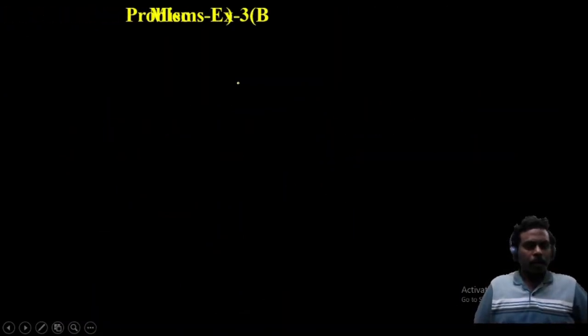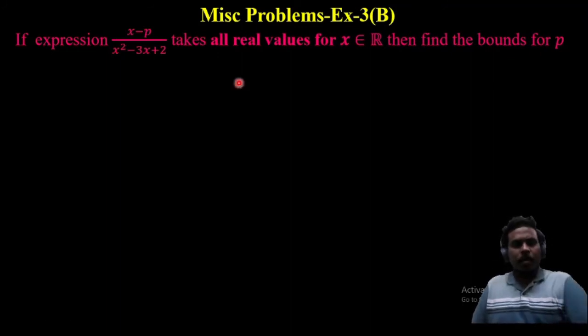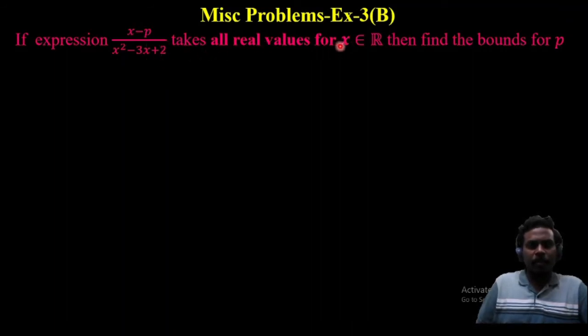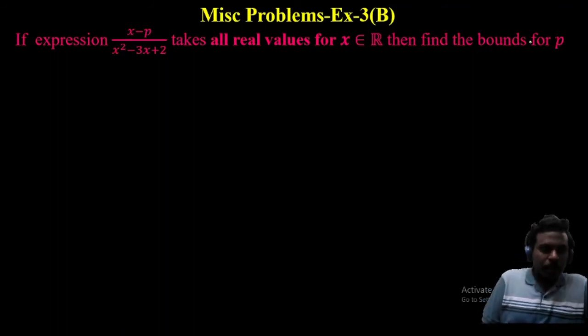Let us solve one more problem. The problem is if the expression x minus p by x square minus 3x plus 2 takes all real values for x belongs to R, then find the bounds for p. Let us get into the solution. First of all, let us try to understand what is given.